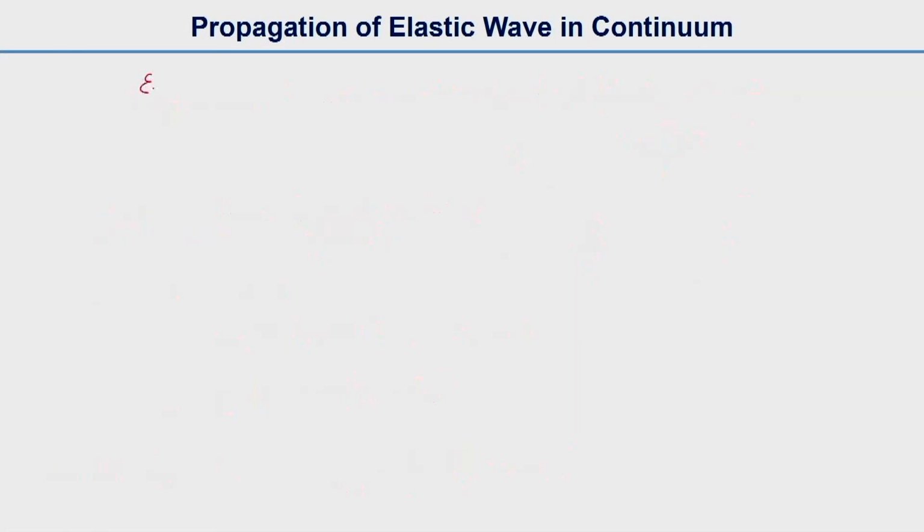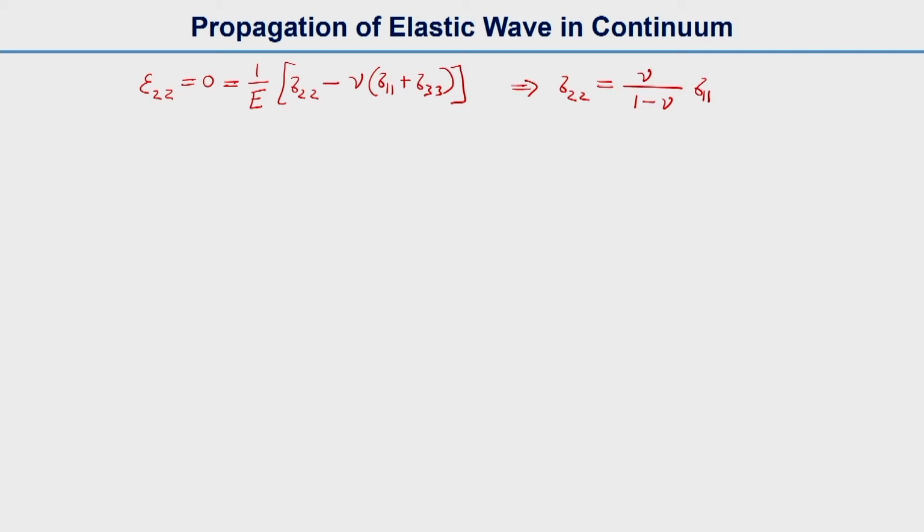And similarly, epsilon 22, which is equal to 0, has the expression 1 by E times sigma 22 minus Poisson's ratio times sigma 11 plus sigma 33, and this gives us sigma 22 is equal to nu by 1 minus nu times sigma 11.